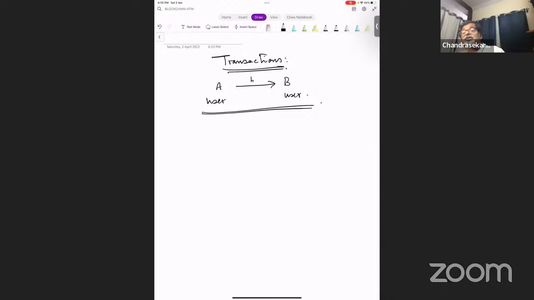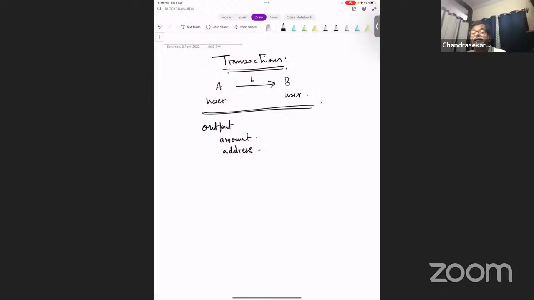So that is called output. Every transaction will have an output, which is going to specify the following details: amount and address, to whom this is going to be transferred.